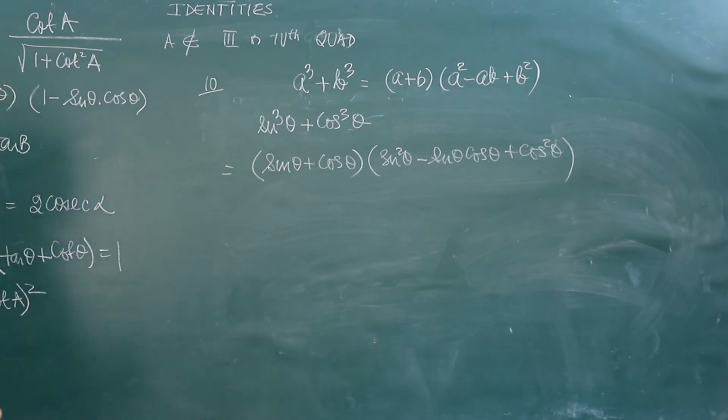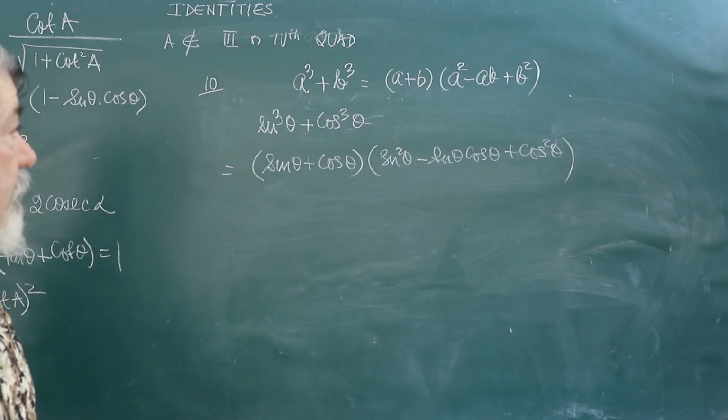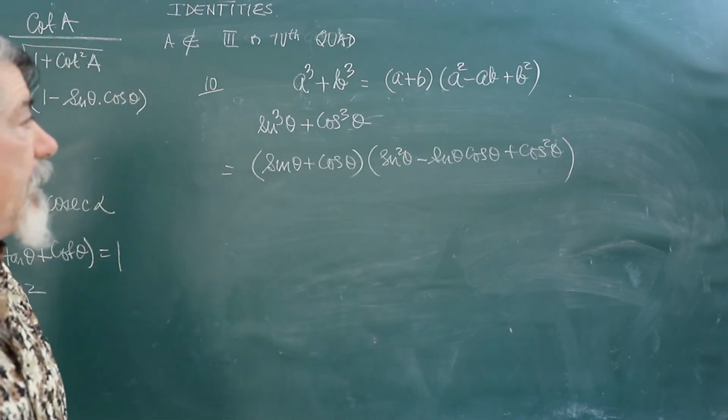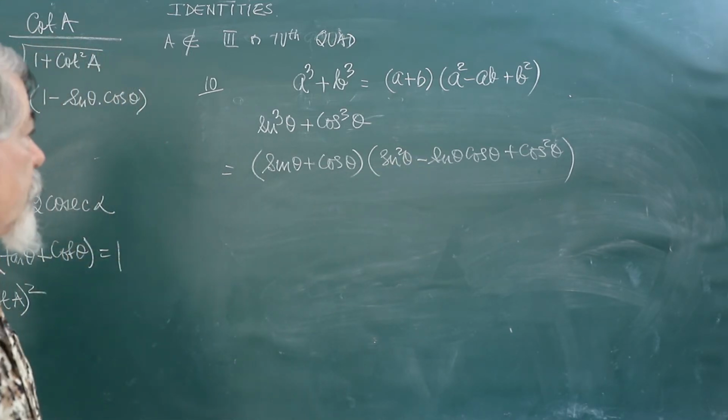That is a plus b into a square minus ab plus b square. In place of a, I have sine theta; in place of b, I have cos theta.